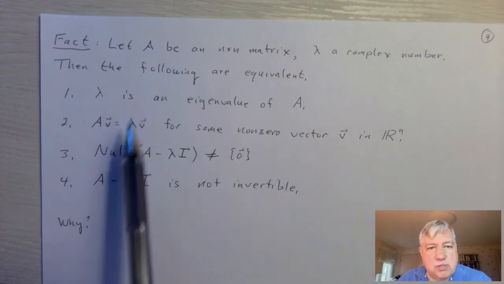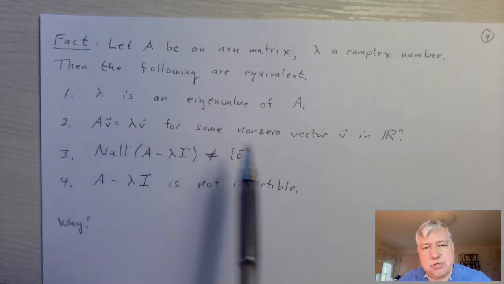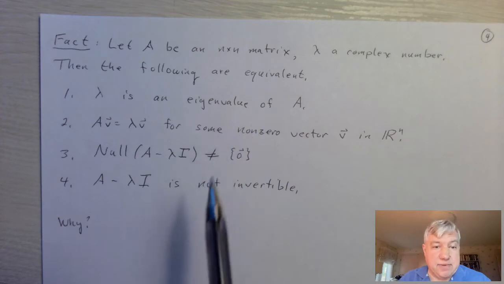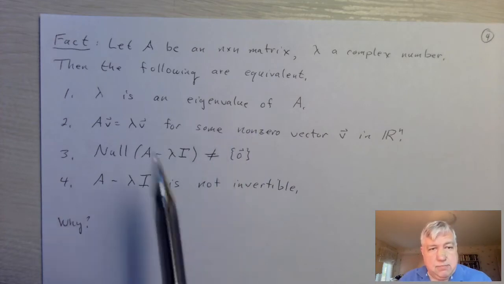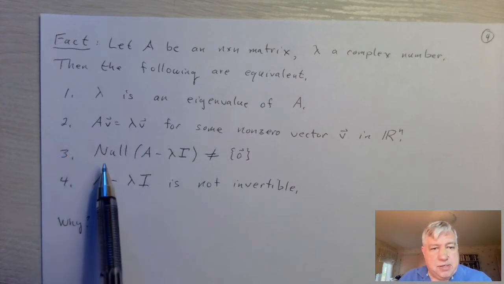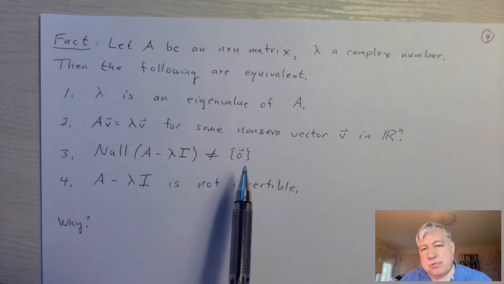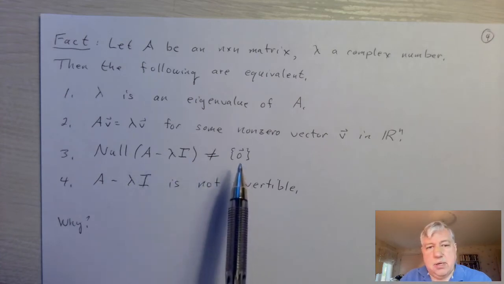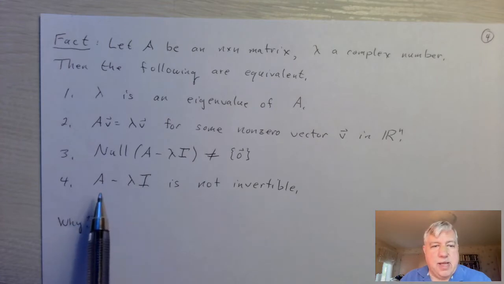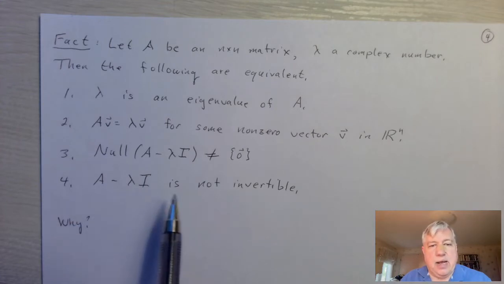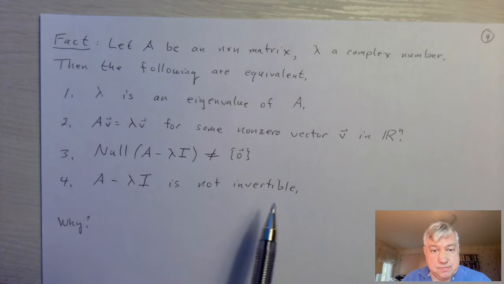Notice that 1 and 2 are equivalent because number 2 is basically the definition of an eigenvalue. Number 3 says the null space of A minus lambda I is not equal to 0. And 4 says that A minus lambda I is not invertible.